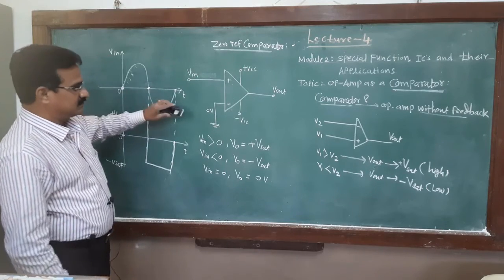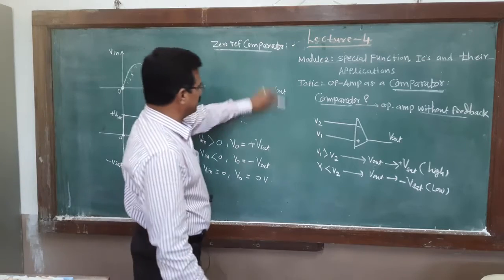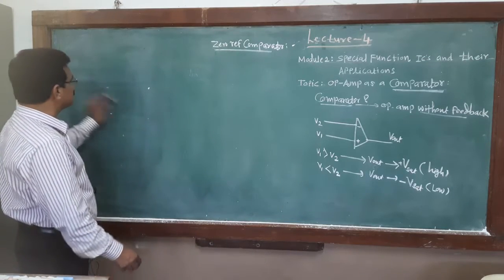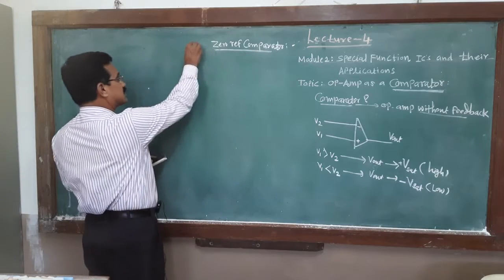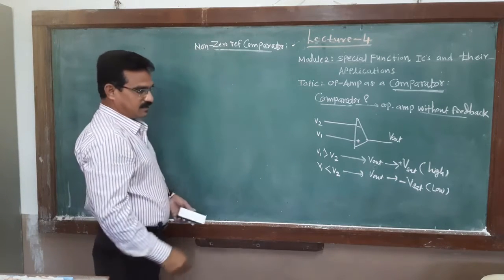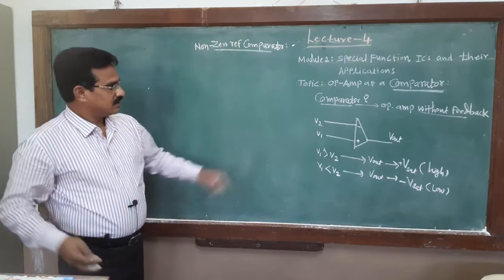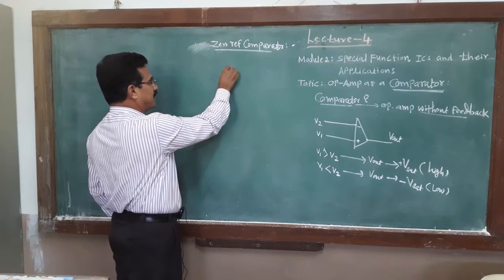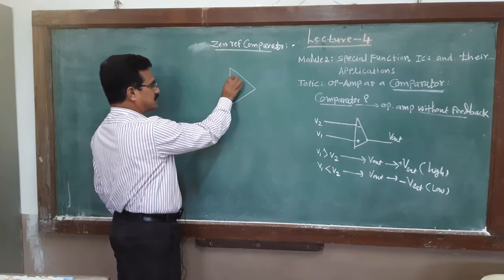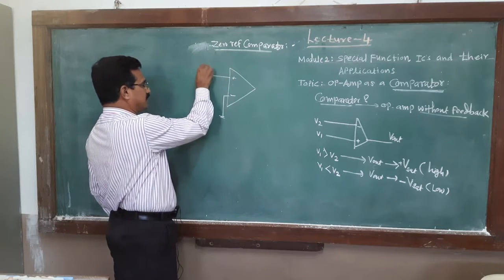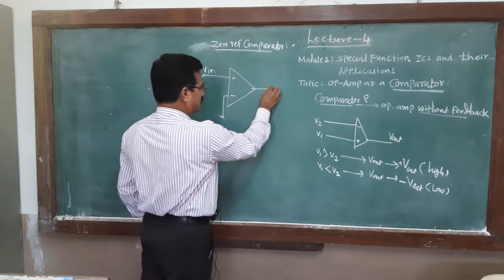After that, the next type of comparator is the non-zero reference comparator. Remember that the previous circuit we considered was the zero reference comparator. Here is plus, here is minus, the input is given and here is the output.